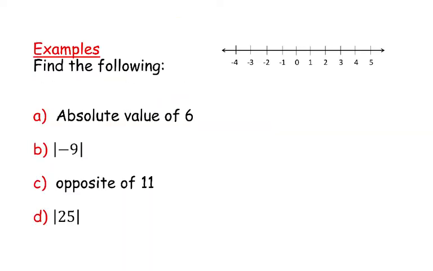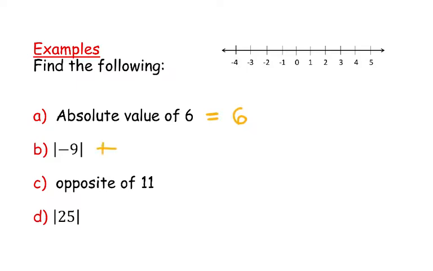So let's do some examples. Let's find the following. I want the absolute value of 6. Well, absolute value is how far, the distance from 0 to 6. It is just a magnitude, just how far, so that will be 6 units. So absolute value of 6 is 6.